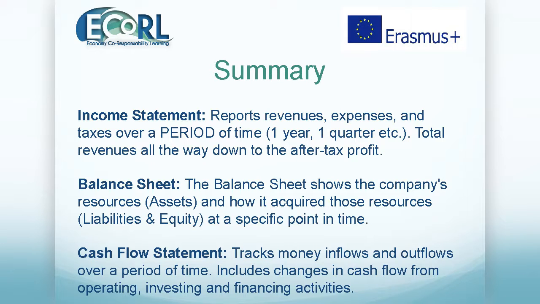Secondly, the balance sheet. The balance sheet shows the company's resources, assets, and how the company acquired these resources, which is through liabilities and equity. And this shows the balance only at a specific point in time. In our case, the 31st of December 2016.